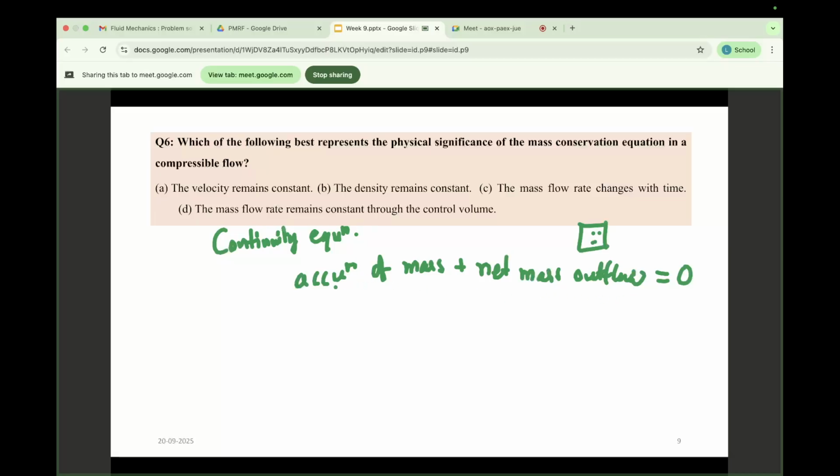That means accumulation of mass in the control volume should be equal to net mass inflow into the system, or it should be net mass outflow from the system.